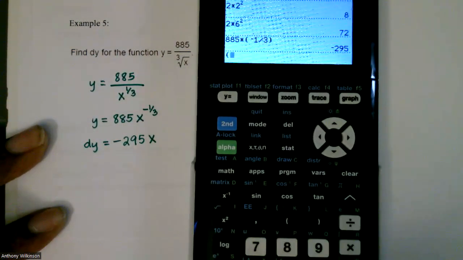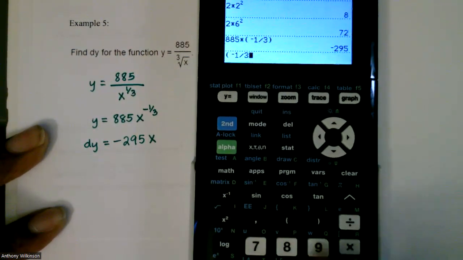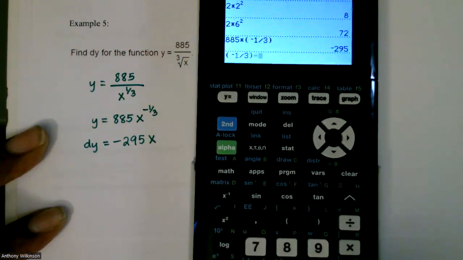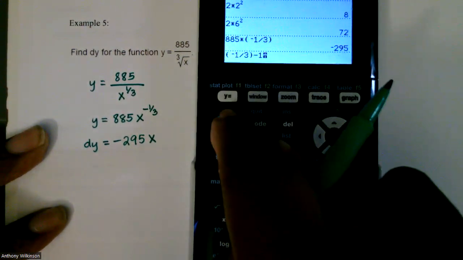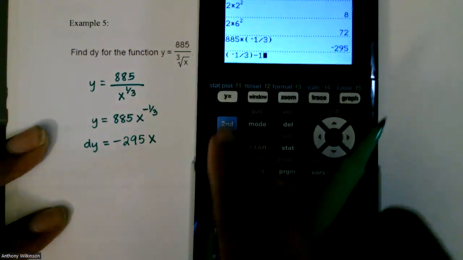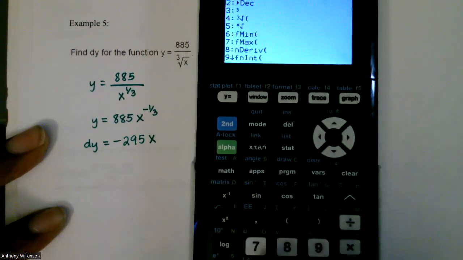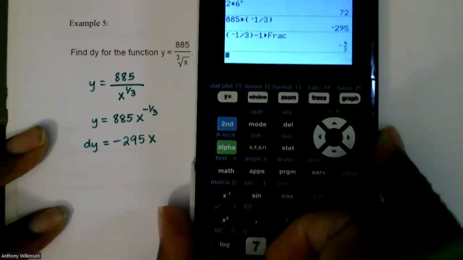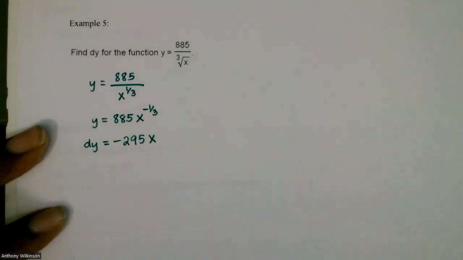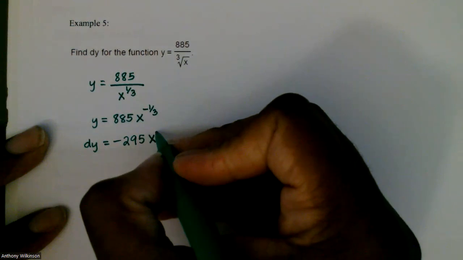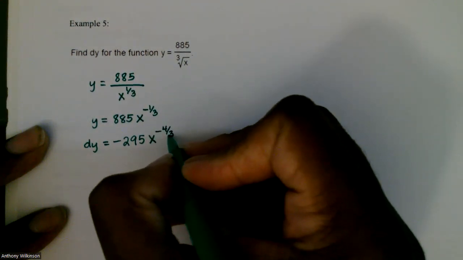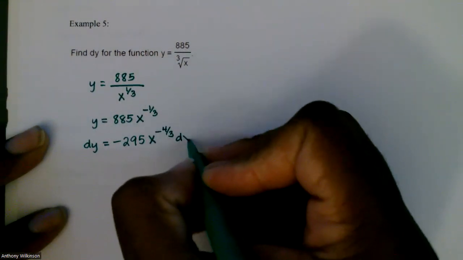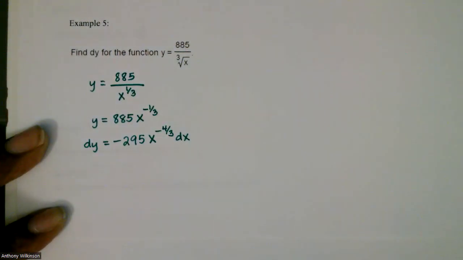So here's what I'm going to do. Negative 1 divided by 3, and I'm putting that in parentheses, minus 1. And then it has to remain as a fraction, so I'm going to press the math key, number 1, and it will be negative 4/3. And then dx. And I think they want this without the negative exponent here.